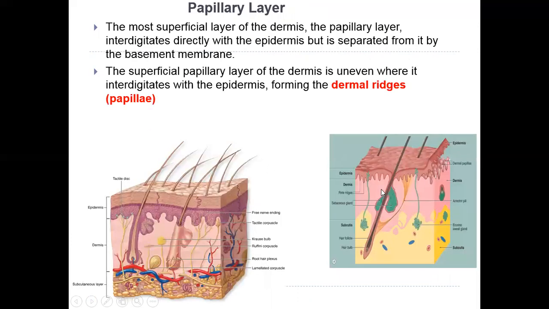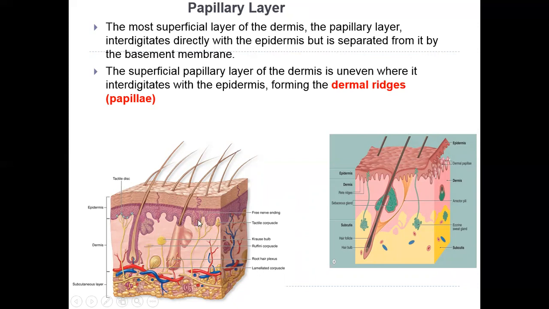The papillary layer is a superficial layer which is close to the epidermis, but it is separated from the epidermis by the basement membrane. This is the basement membrane on which the stratum basale of the epidermis is resting.